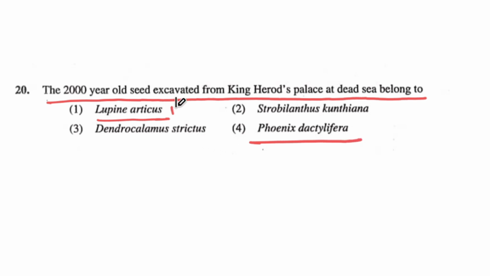Lupinus arcticus is 10,000 years old, whereas Phoenix dactylifera recently got excavated by archaeologists in Dead Sea near King Herod's palace. So D is the right answer, that is 4, Phoenix dactylifera.